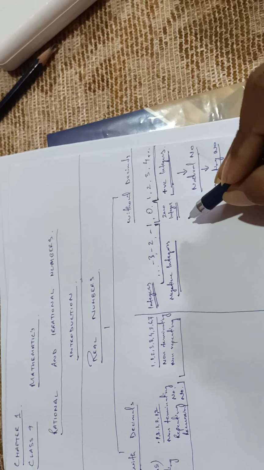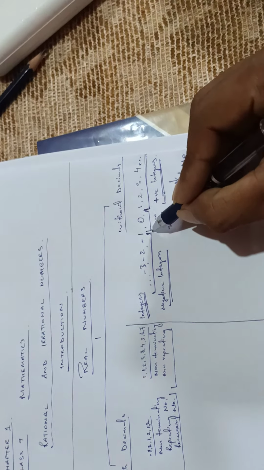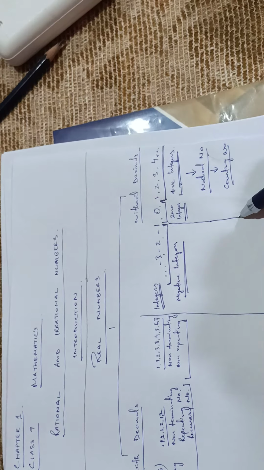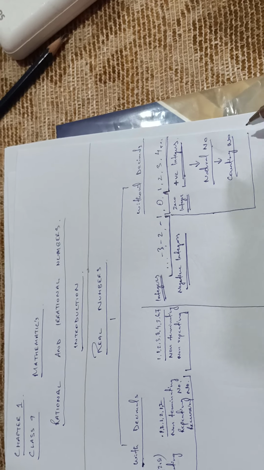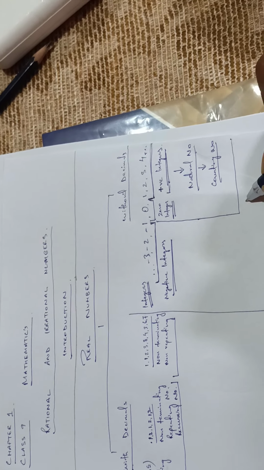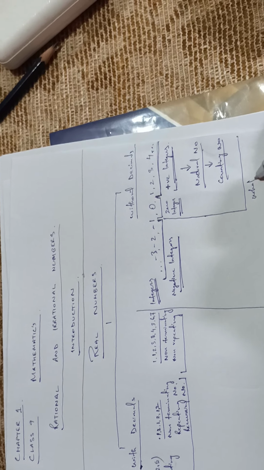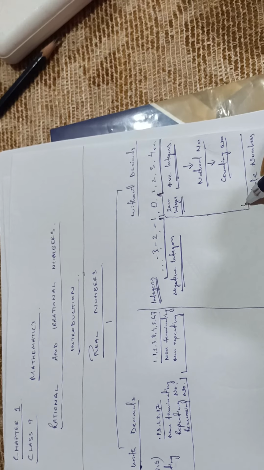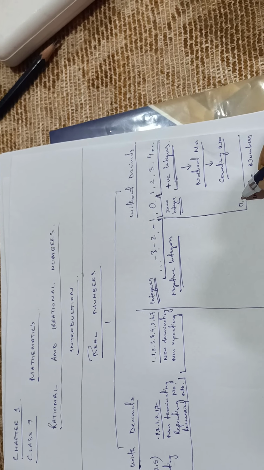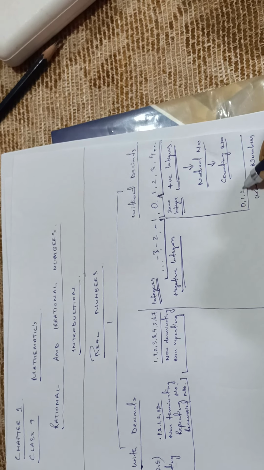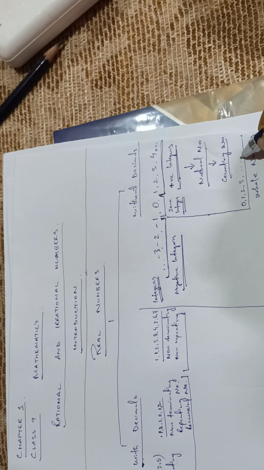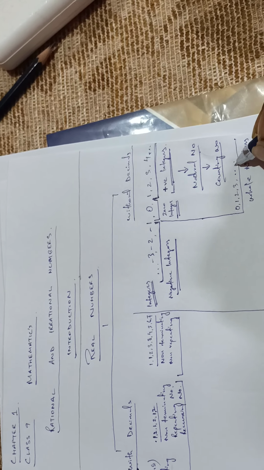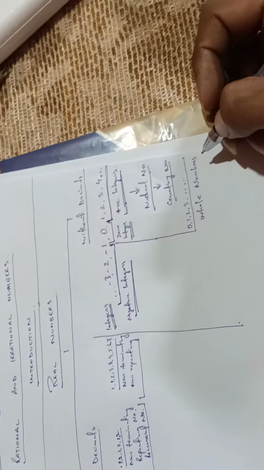And again, from this line till this, those numbers are whole numbers. Whole numbers start from 0 1 2 3 and go to infinity. This dotted sign shows the infinite numbers.